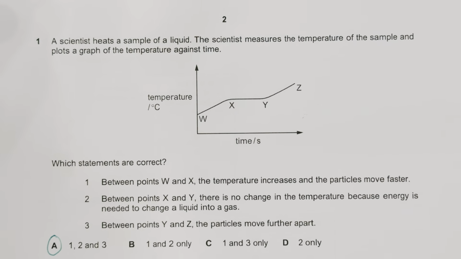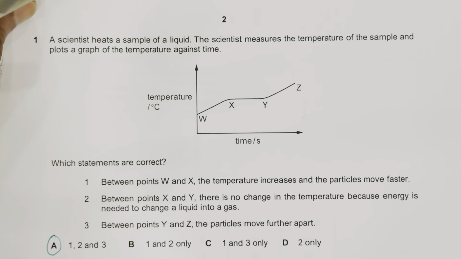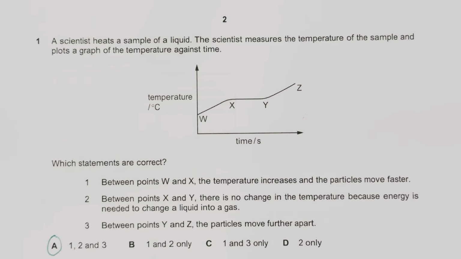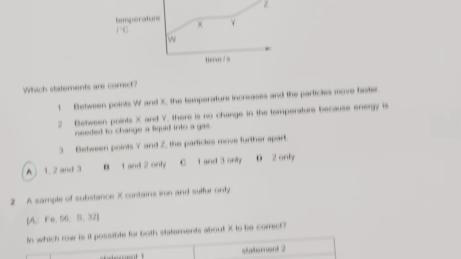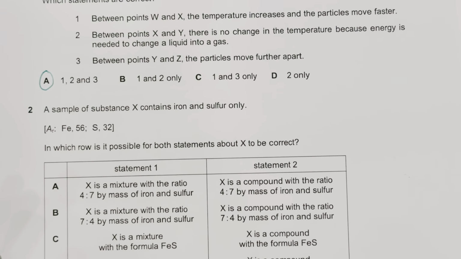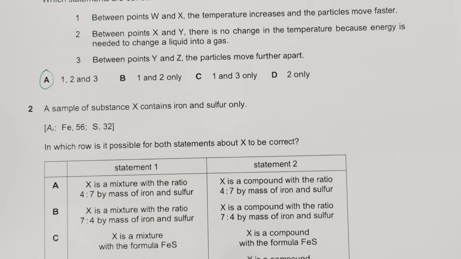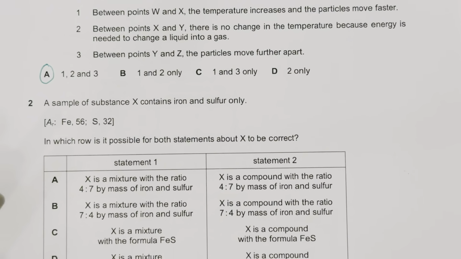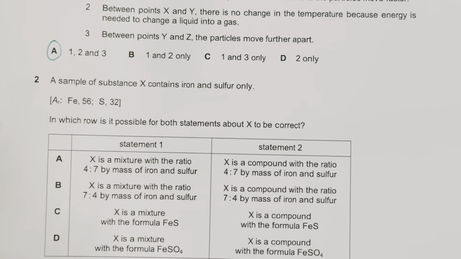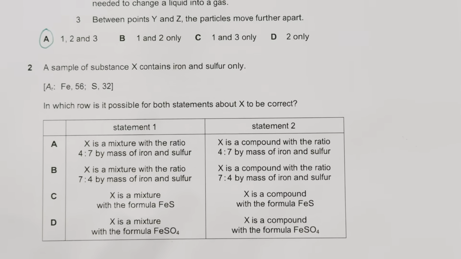Moving to question number 2. A sample of substance X contains iron and sulfur only. In which row is it possible for both the statements about X to be correct? X is a mixture in the ratio 4:7 of iron to sulfur.